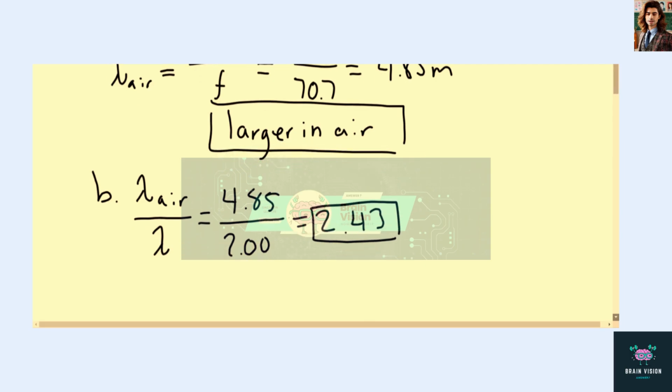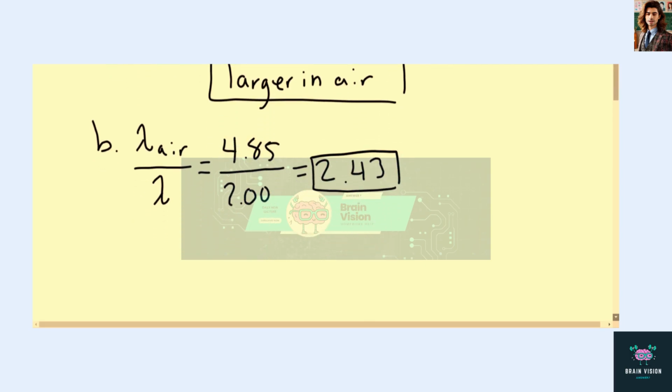But if we want a symbolic answer, which I think is probably what they're going for, but it's not very clear, we can say that lambda air over lambda, we can substitute those for their respective velocities over frequency, coming from the formula lambda is equal to v over f.